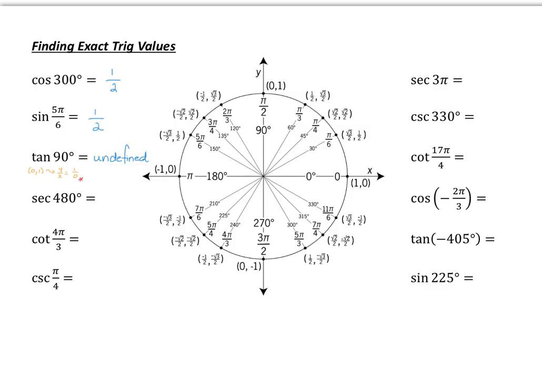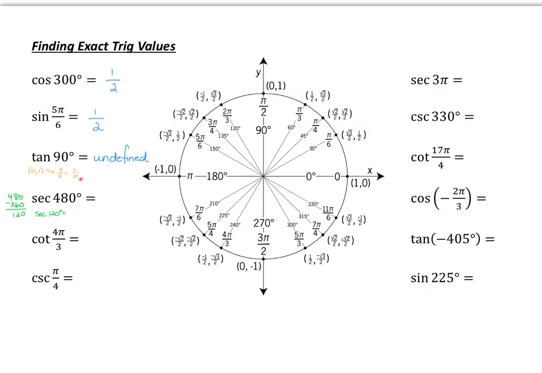For 480, before I can find that angle, I'm going to need to subtract 360. And so secant of 480 is going to be equivalent to the secant of 120 degrees. And so I'm going to find my 120 degrees right here in the second quadrant.